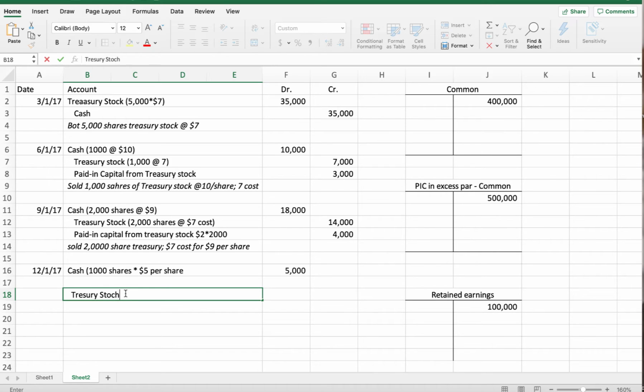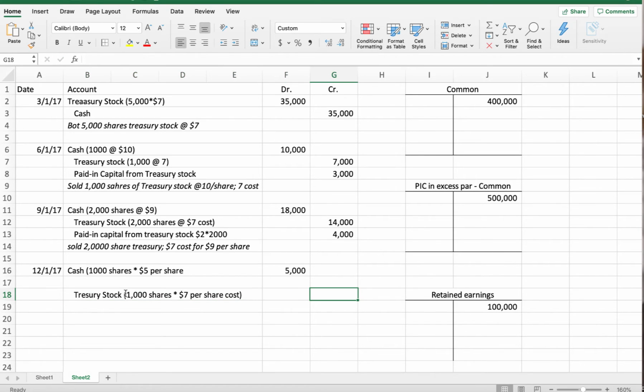Treasury stock is going to be hit, or I'm going to credit that account for how much? Well, 1,000 shares times what my cost was. My cost was $7 per share. Okay, so I get basically $7,000. So there's a difference here, right?